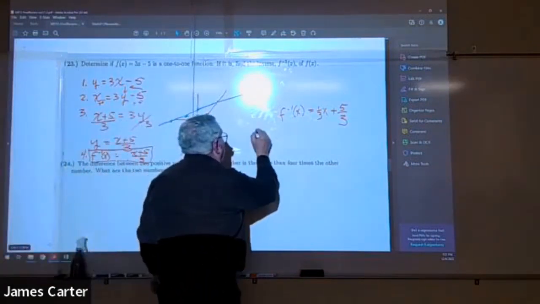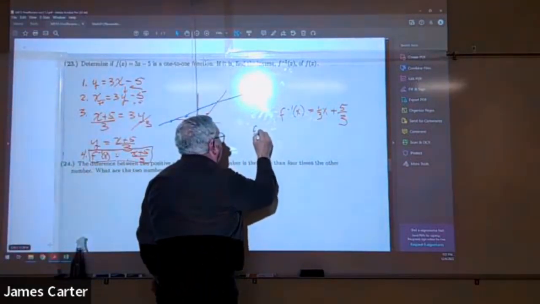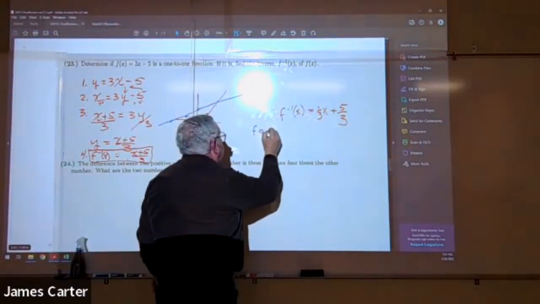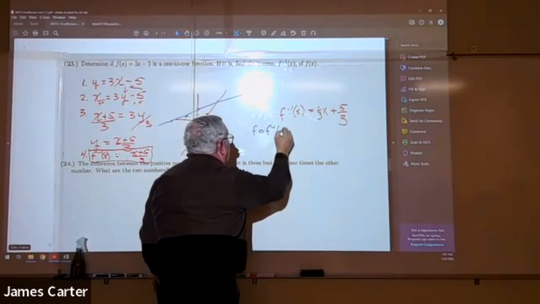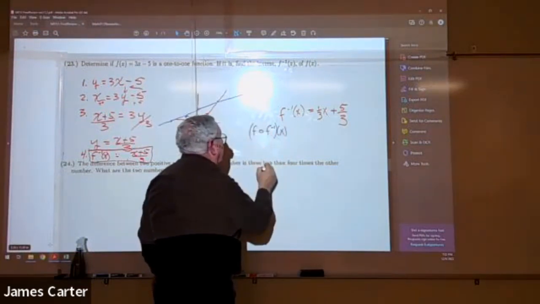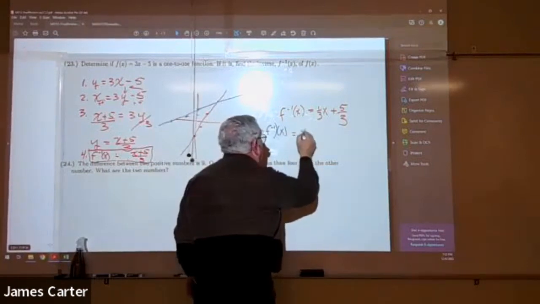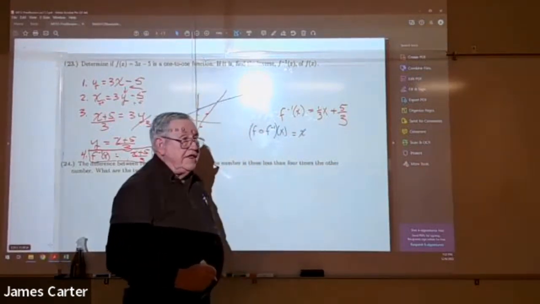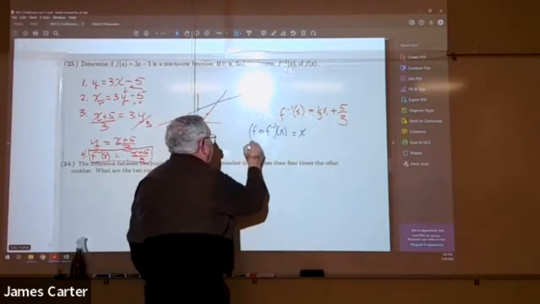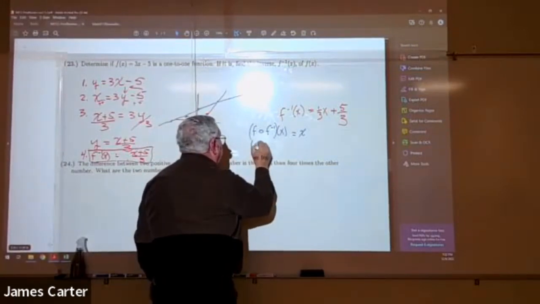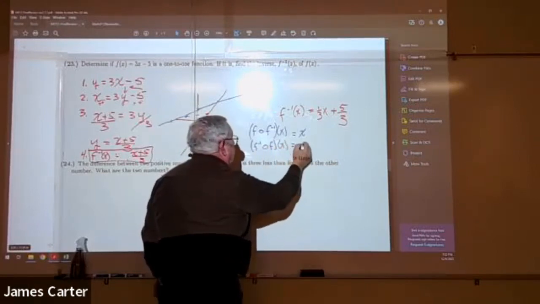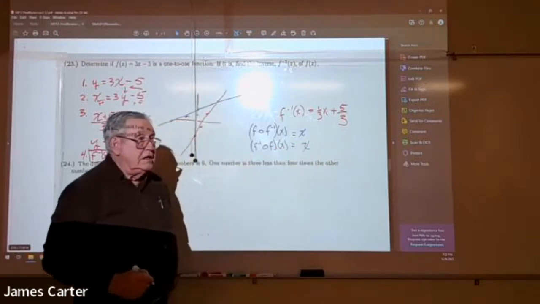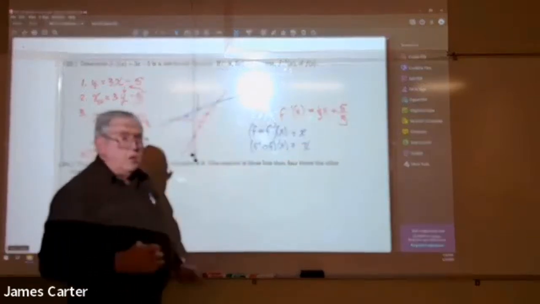Because there is a rule that if you have F compose F inverse of X, you get the answer 1x that way, and if you have F inverse compose F of X, you still get 1x that way, that they are 1-to-1.